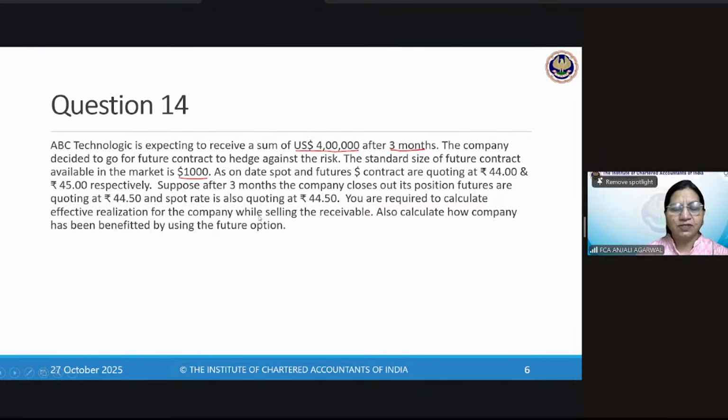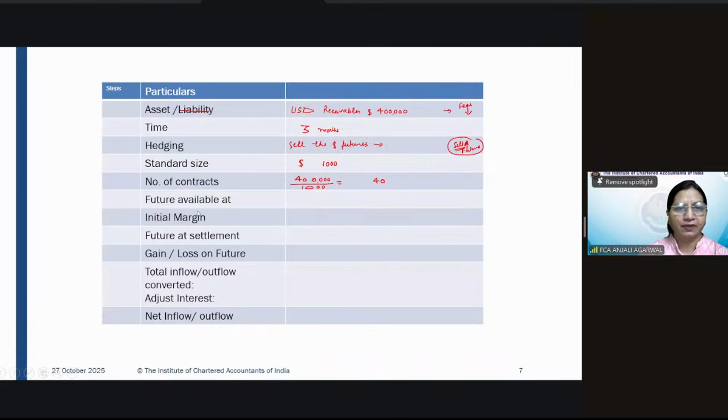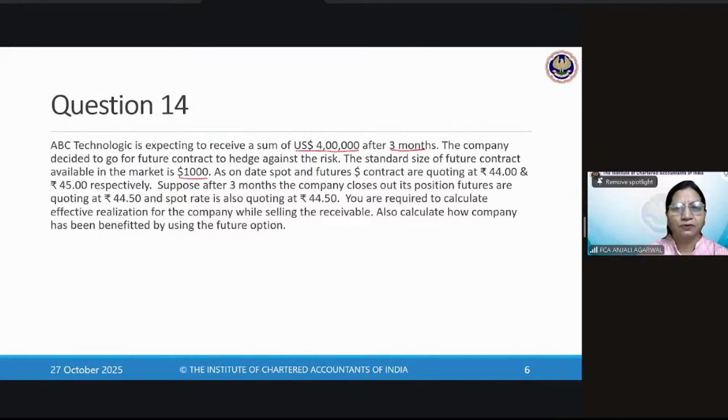Now you have to see what the futures are available at. So dollar futures are available at rupee 45 per dollar. Sometimes in futures, margins are also taken, but this question does not talk about margins, so let's ignore.